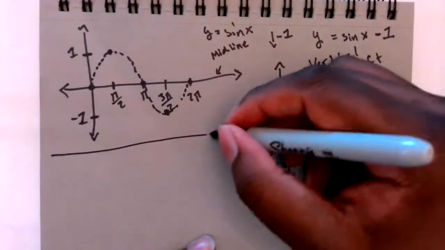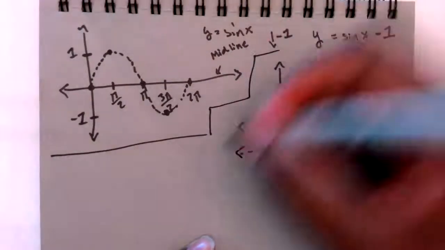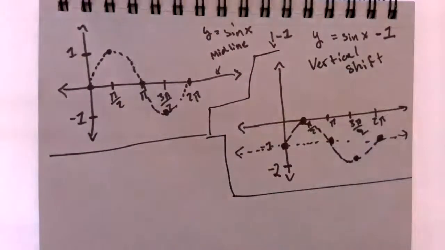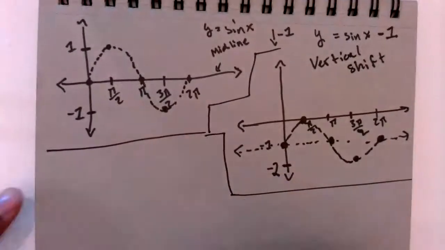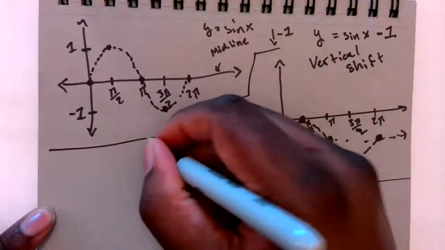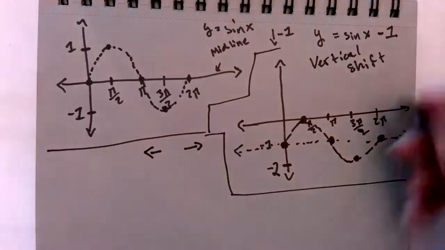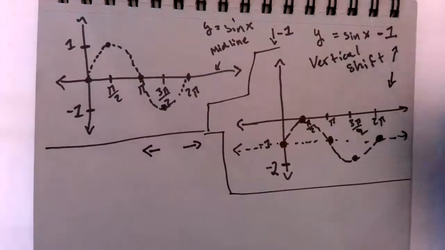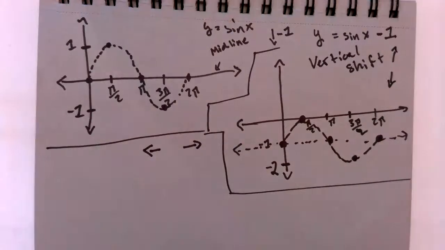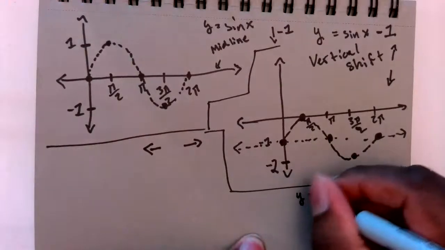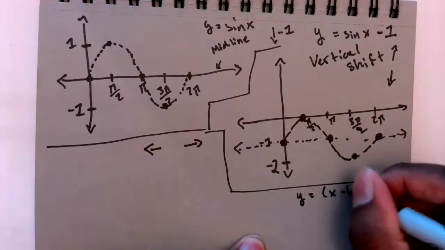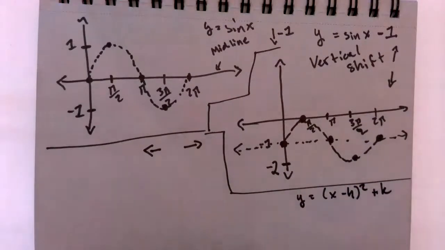Now, what if we wanted to shift right or left? Vertical shift is obviously shifting up or down. What if we want to shift right or left? Well, just like in the x squared function, we're going to need to add inside of the function. Remember, you have y equals x minus h squared plus k.